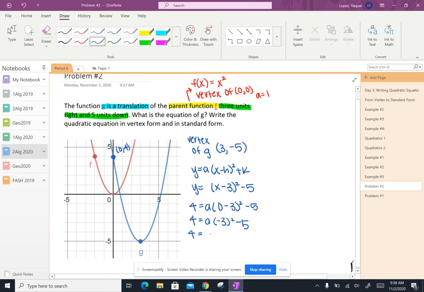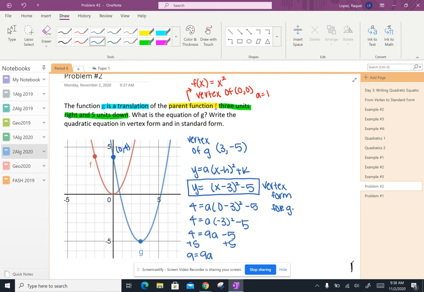So that becomes 4 equals 9a minus 5. Add 5 to both sides, and we get 9 equals 9a. So our a value is going to stay the same. So this is your vertex form for g. I know that went a little fast, but I did that in the interest of time. If you need to, you can pause, rewind, and rewatch as much as you need to.